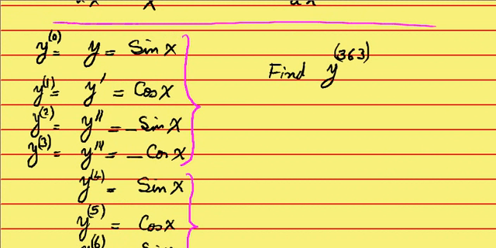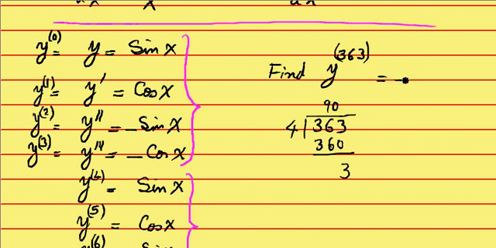So that gives us an idea. Take this number, see how many cycles of 4 are going to be in it. So take 363 divided by 4, and of course you are going to get 90 complete cycles. We are going to go through 90 of these, and we are going to be left with 3. So after that, 0, 1, 2, 3, that's going to bring us to minus cosine of x.